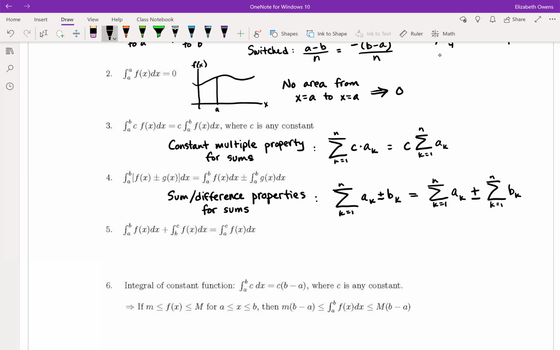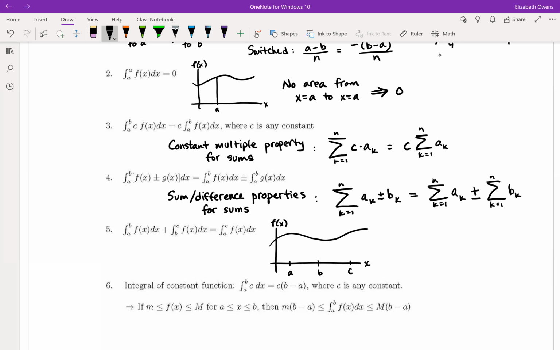Now watch the limits carefully on this one, but we can see this one, I think, pretty nicely in a picture. Let's set up a real nice little generic function for ourselves. Whatever you like. Yours might look a little different. That's okay. All right, let's call this point A, this point B, this point C.